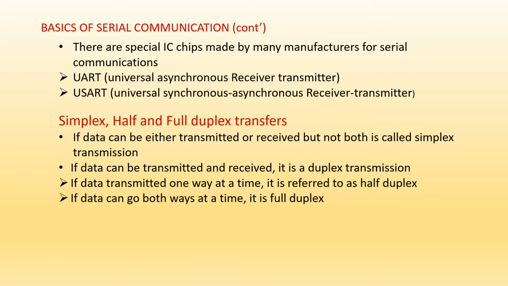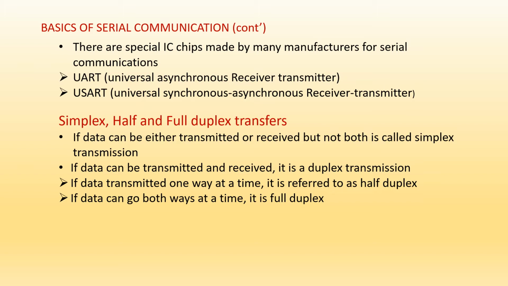So in the asynchronous method, the data is transmitted one byte at a time, and in the synchronous method, the data is transmitted a block at a time. In the market, there are special ICs available for serial communication.